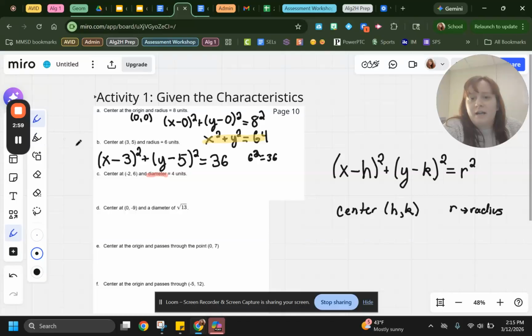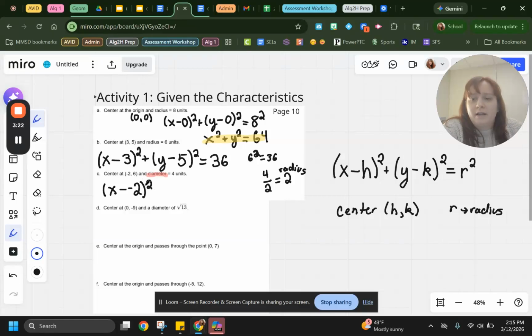I know that the diameter is always going to be 2 of our radii. So if I take 4 and then I divide it by 2, that will give me a radius of 2. My center is (-2, 6). So if I write this out, I'll get (x minus -2) squared.